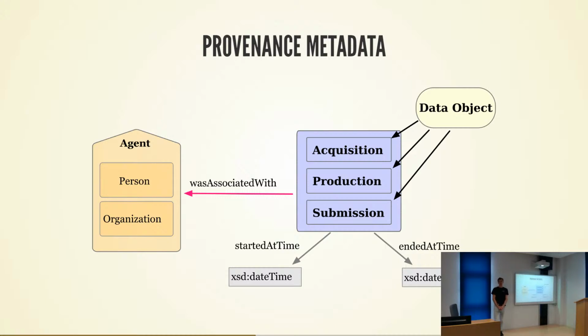This terminology is borrowed from a standard W3C ontology called PROV-O. These provenance events are associated with agents, and an agent is just a generic term for a person or organization for us. If we go further down, please.